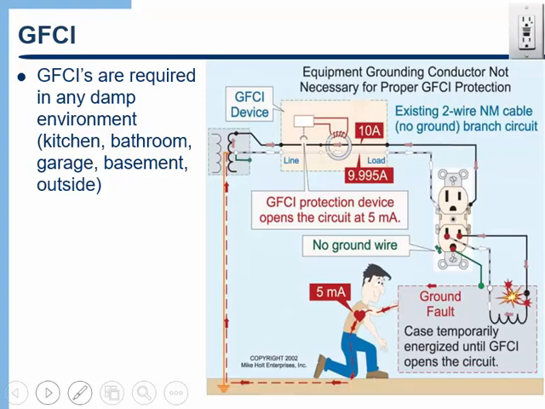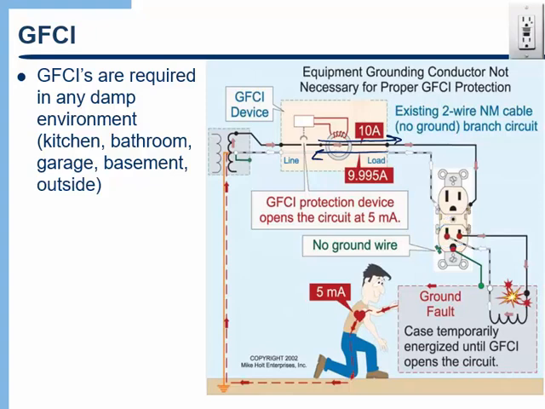And so what a GFCI does, and again, these are those outlets that have the little buttons on them, is they look to see if any of the electricity is going somewhere it shouldn't go. And here's what they do. They basically monitor the current coming out and coming back through the wires that it's supposed to go through.